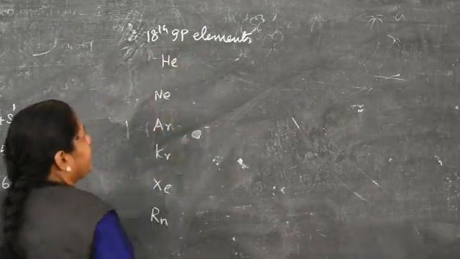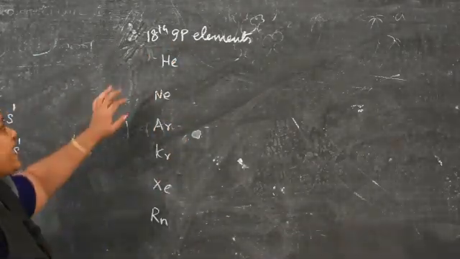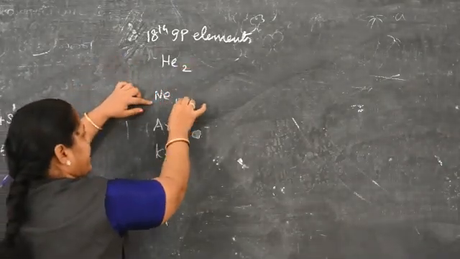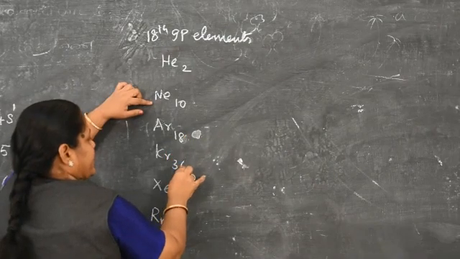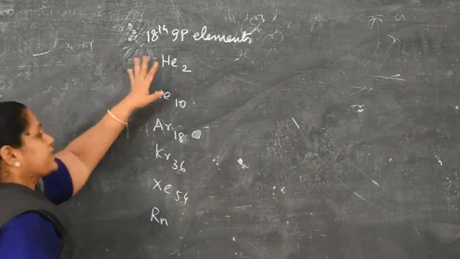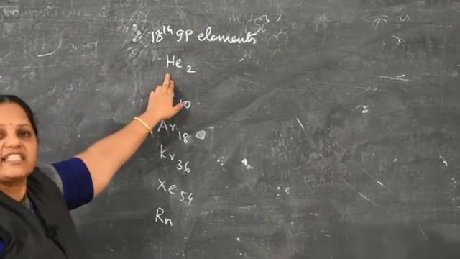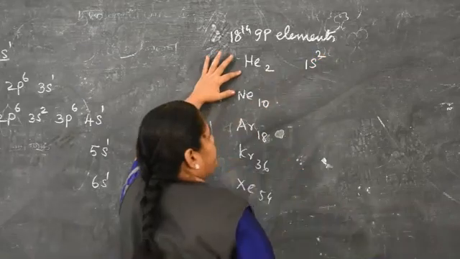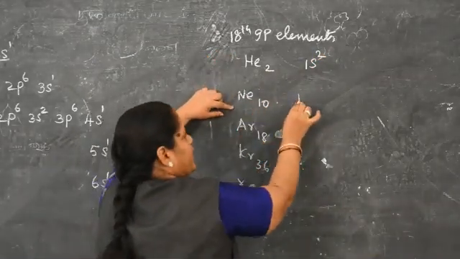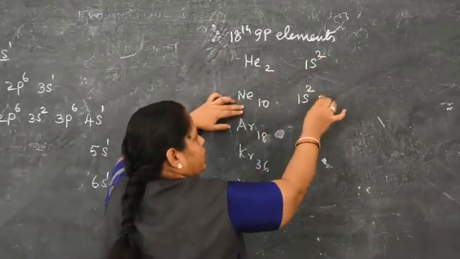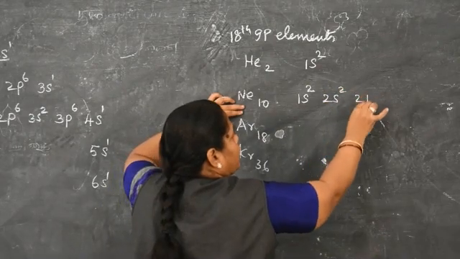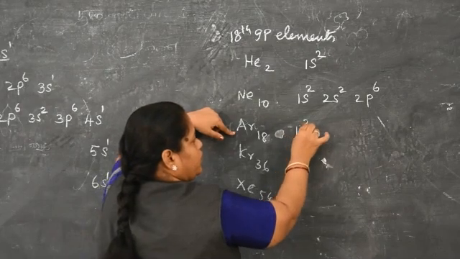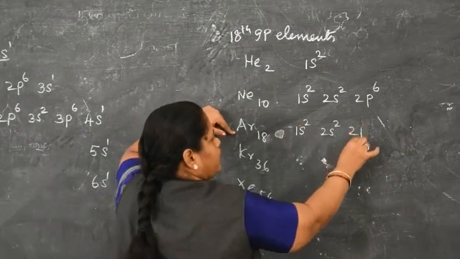Helium has atomic number 2, neon 10, argon 18, krypton 36, xenon 54, radon 86. What is the electronic configuration of helium? 1s2. Neon? 1s2, 2s2, 2p6.